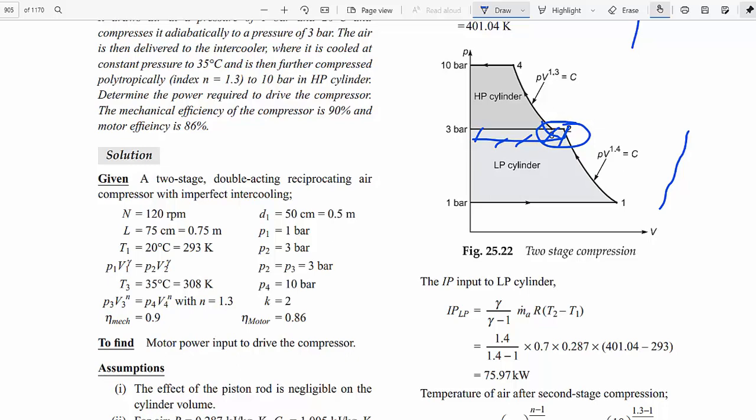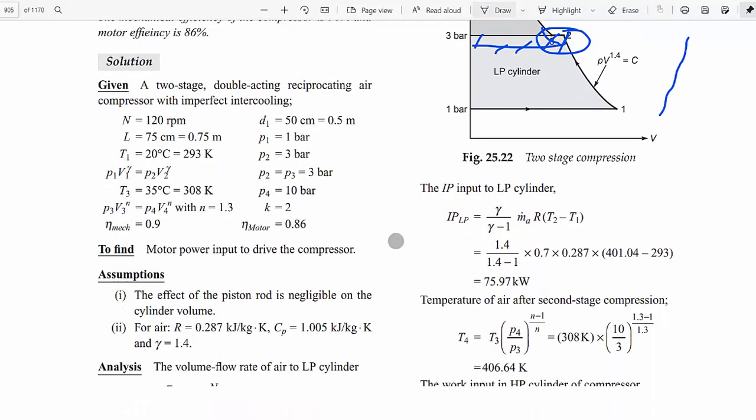Here P2 equal to P3 and P4 is equal to 10 bar. This is the problem given, and we have to find the motor power input to drive the compressor. The assumptions are the common assumptions: R equal to 0.287 and Cp. Here there is no information about the clearance, therefore we can assume no clearance. If they ask about the clearance volume of the cylinder, you can use the formula with clearance, which is W equal to n by n minus 1 into P into V1 minus V4, where V4 is called the clearance volume.